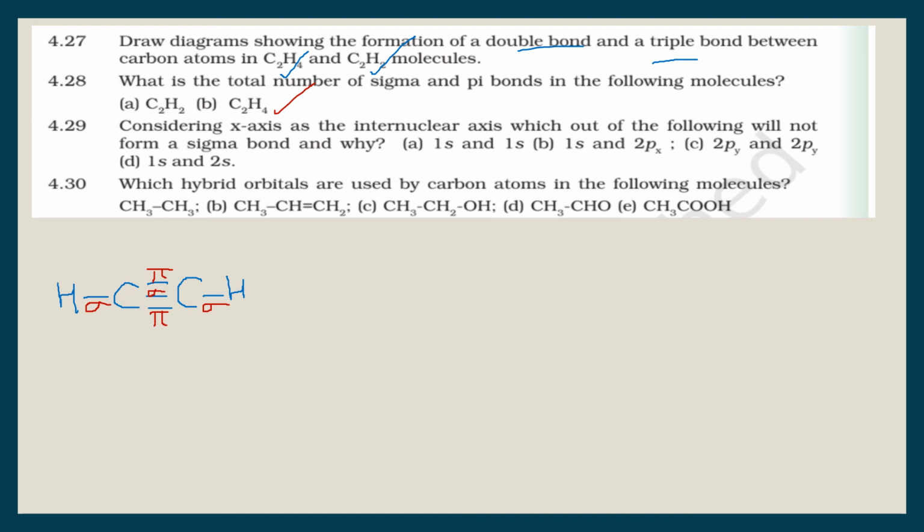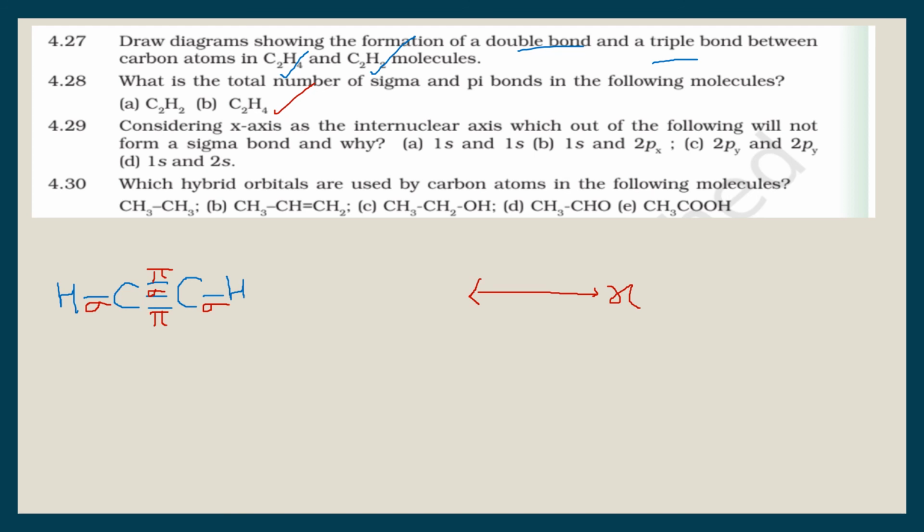Now consider the x-axis as the internuclear axis, around which the whole molecule is arranged. Now we have to tell in which of the following sigma bond will not be formed, and we have to give the reason also.